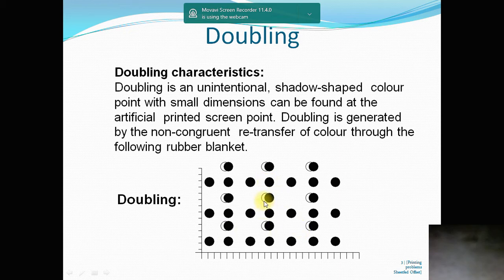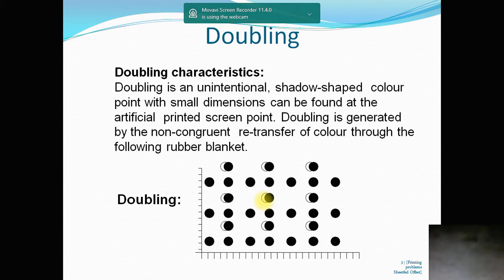If you observe a multicolor print which has a problem in registration, you might feel this doubling effect. This doubling is generated by non-congruent retransfer of color through the following rubber blanket. Because of the rubber blanket malfunctioning, this doubling may occur.